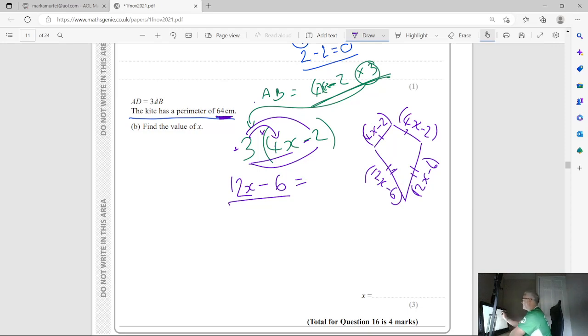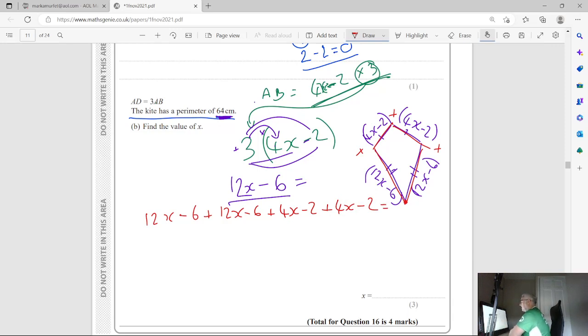And to do the perimeter, remember what we're doing is we're adding all the way around. So we do that one, add that one, add that one, add that one. So let's do that: 12x minus 6 plus 12x minus 6 plus 4x minus 2 plus 4x minus 2.